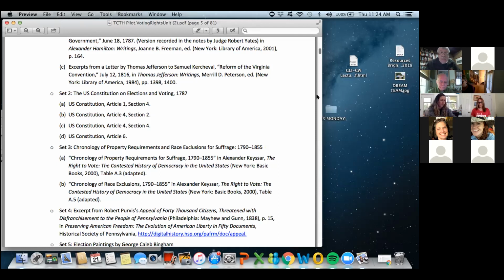This says something about the Civil War as well: by 1860, 28 of the 33 states, including states in the Confederacy and in the Union, had adopted white-only voting in their state constitutions. Now let that sink in just for a second.